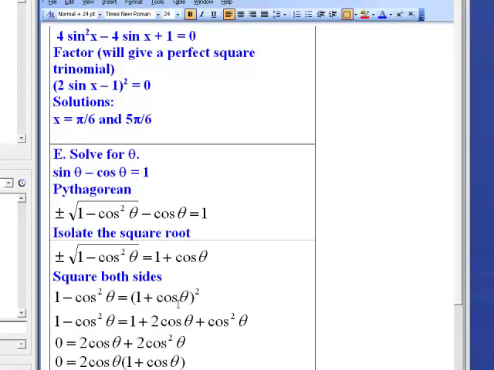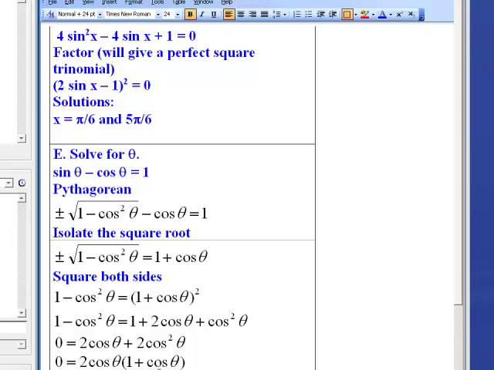Theta equals, do I have a theta? Yep, there it is. And I believe I'm supposed to be in degrees. No, that's not true. I'm supposed to be in radians. So theta equals, for the first one, either 90 degrees or 270 degrees. So we have pi over 2 and 3 pi over 2. Yeah, here it is.